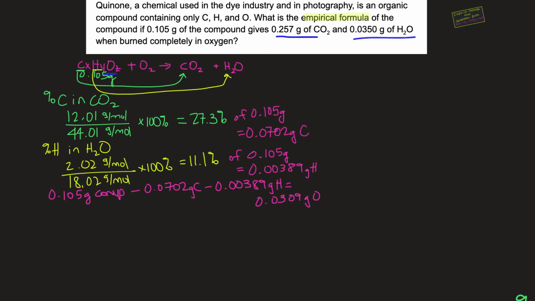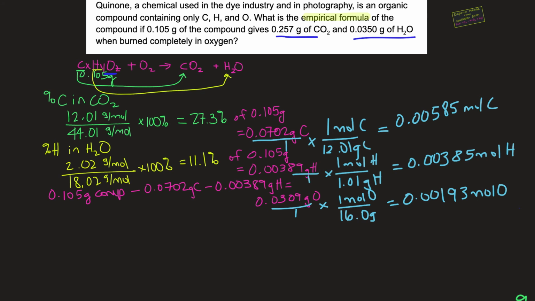To start our empirical formula problem, I'll just do the molar masses: 12.01 grams of carbon in every 1 mole of carbon, because for empirical formula, you want to go to moles. So we'll get moles of carbon, and we're going to do the same thing for the hydrogen and the oxygen. I converted all of my grams to moles.